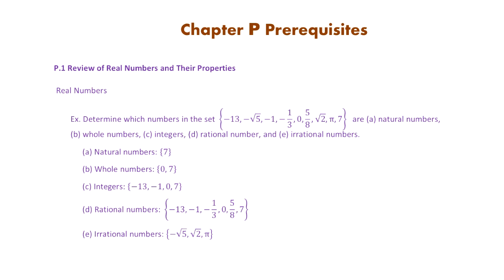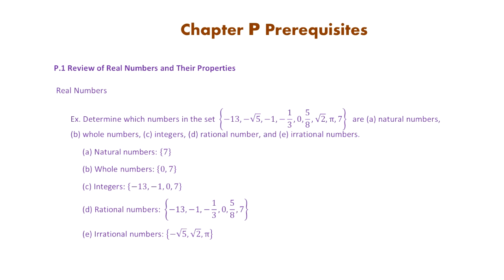So there are different numbers in different categories. And we need to find which numbers in this set are natural numbers. There is only one natural number in this set.